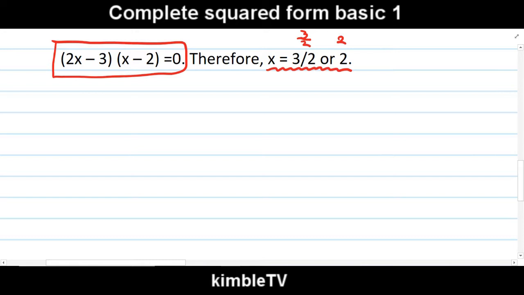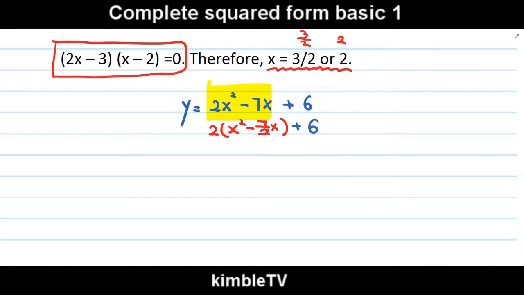My method is, in the case of y equals 2x squared minus 7x plus 6, I will use just two parts and take 2 out of the bracket: 2 open bracket x squared minus 7 on 2 x close bracket plus 6.